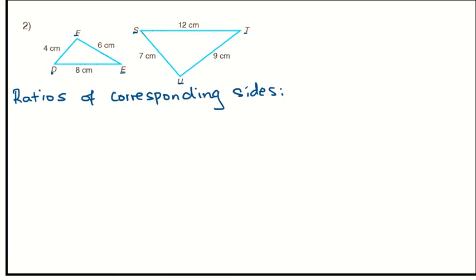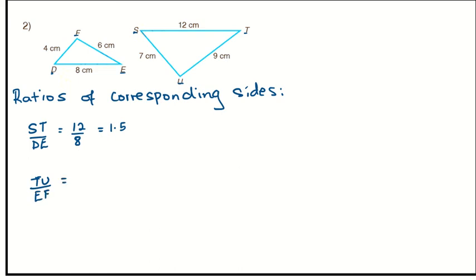So this means that we say side ST out of DE is equal to ST is 12 and DE is 8. And this will give us 1.5. We go to the second longest, which is TU out of EF.